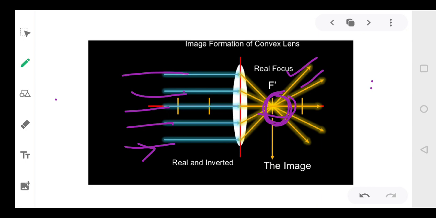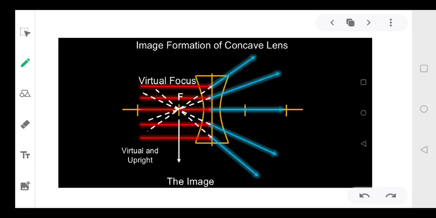Okay, let's talk about what is the principal focus of concave lens. Now in case of concave lens, we know concave lens is a diverging lens. So again we'll think all the rays are coming parallel to the principal axis. But since it is a diverging lens, it will diverge all the rays after refraction.